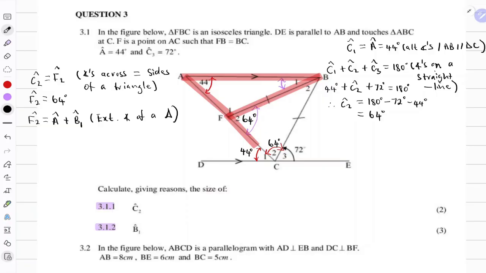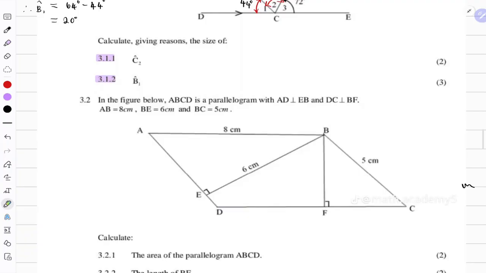So F2, which we saw is 64 degrees, is equal to A, which is 44 degrees, plus B1, the unknown we're looking for. Therefore B1 is equal to 64 degrees minus 44 degrees, which is equal to 20 degrees. So let's move on to the next question.